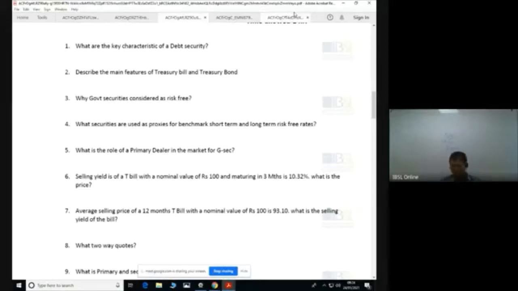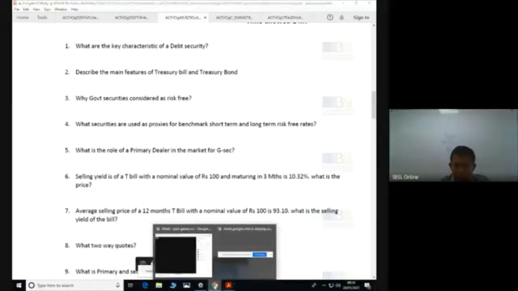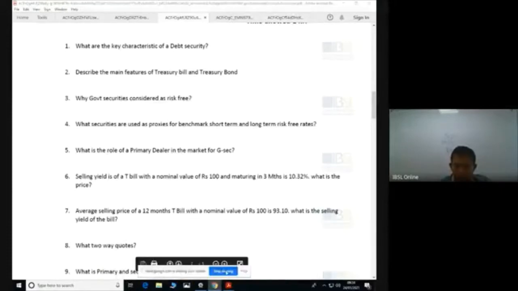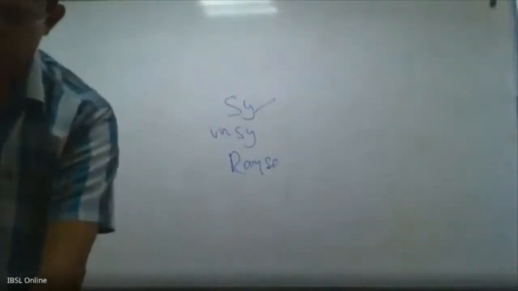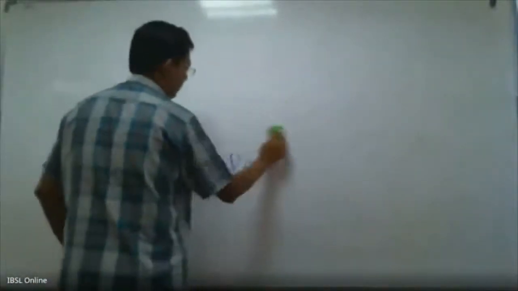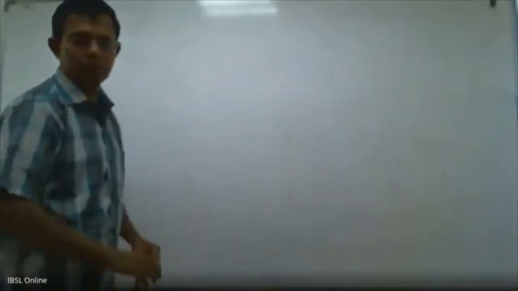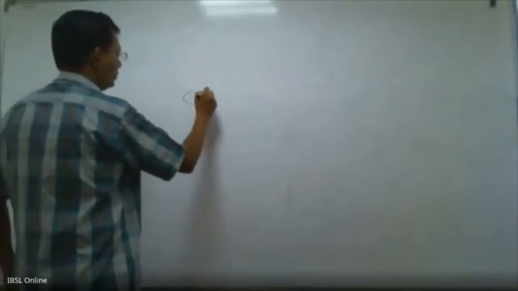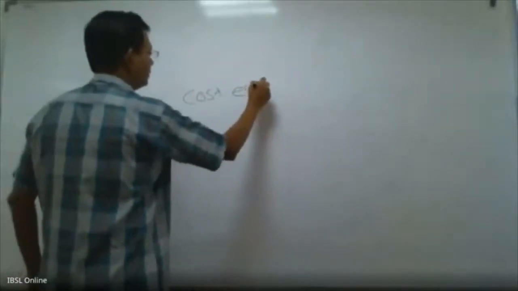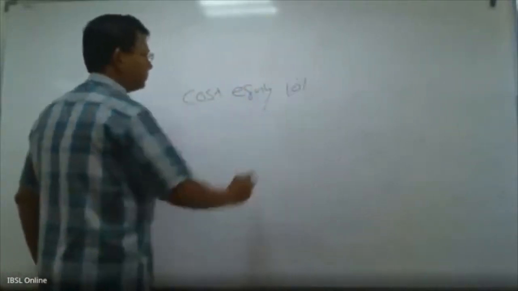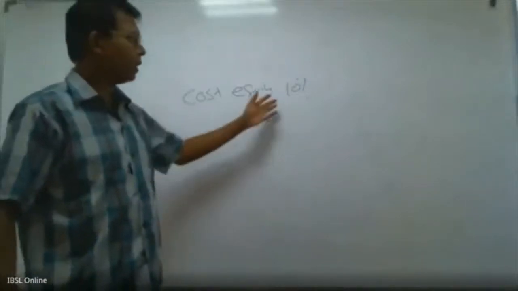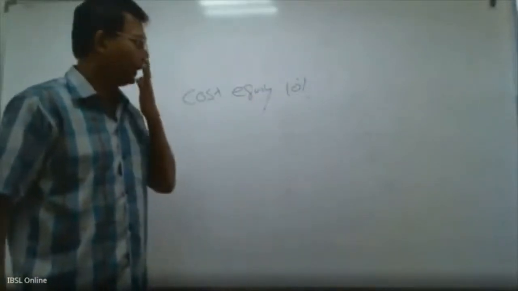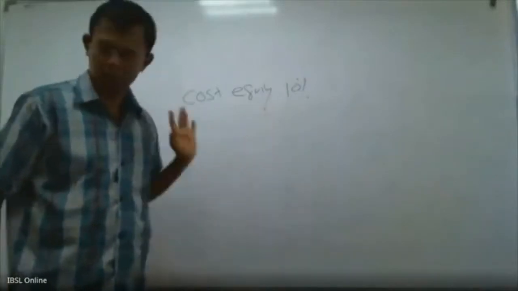Now see, if you are given cost of equity 10% in the exam, an examiner asks you to calculate this sometimes. How do you calculate? We have learned two methods, dividend and CAPM.